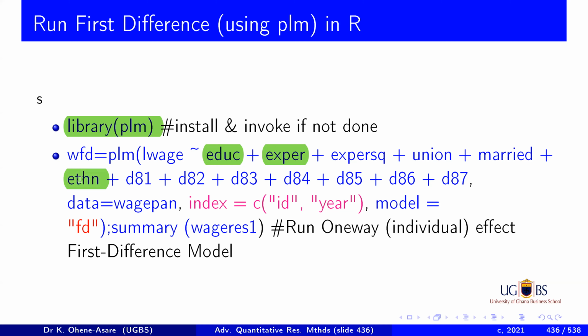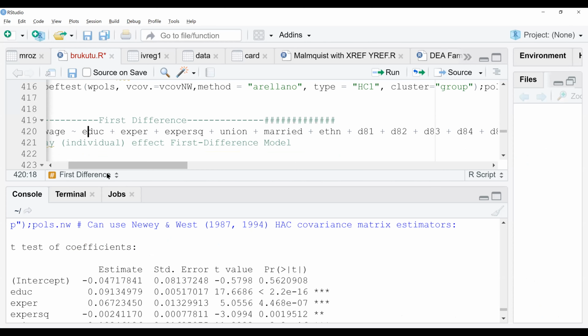We have included it, but watch how sensible R is to realize that these are time-constant variables, and R on its own will remove them for us. So the summary should be WFD to indicate the modeling process. So we're going to go into R and then model the whole process there. Let's go to R. And then this is our R. This is the first difference model.